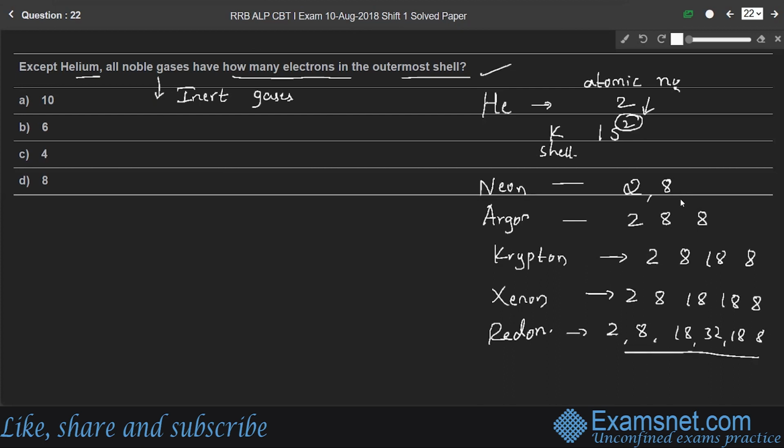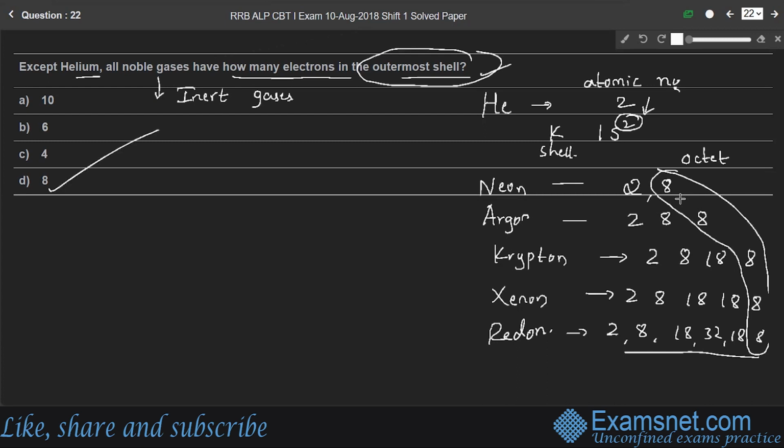These are the electronic configurations. So in their outermost shell, they have 8 electrons, so they get octet configuration. Therefore the outermost shell of the inert gases or noble gases has 8 electrons except helium. Option D is the right answer.